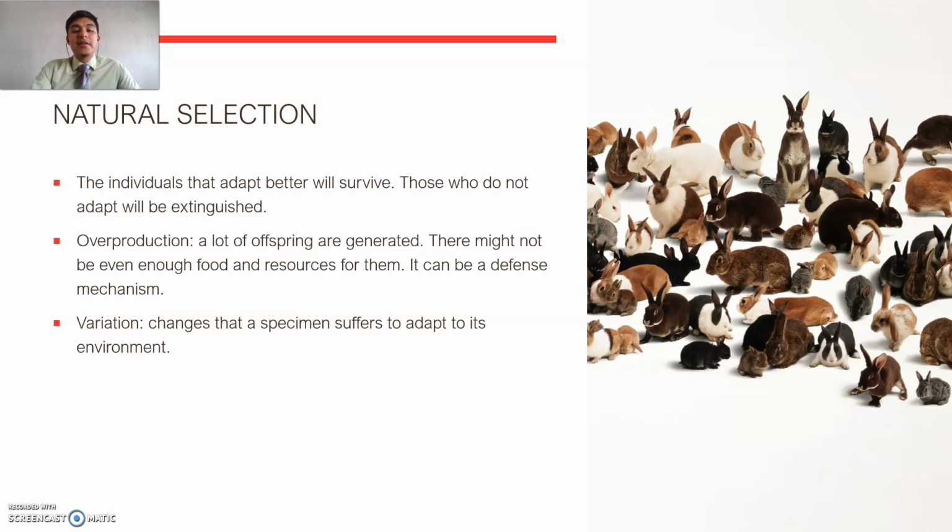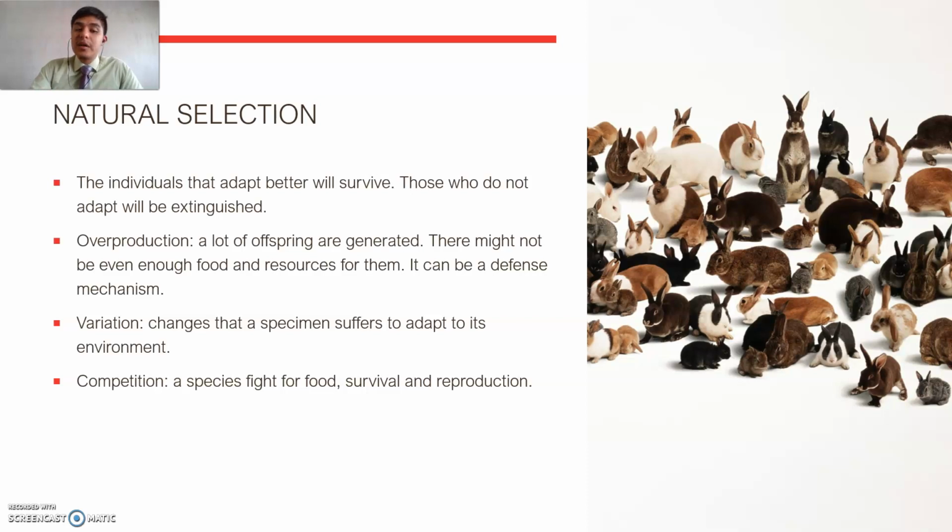So the rabbits that produce a very small amount of offspring will be extinguished because they didn't have enough offspring or enough overproduction in order to survive in their environment. But those who developed this increasing amount of offspring were able to survive. And that's part of variations, the genetic variations or mutations that happen in organisms in order to adapt to their environment and have more chances of survival.